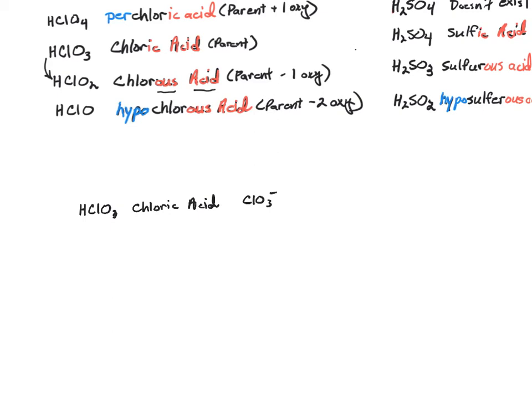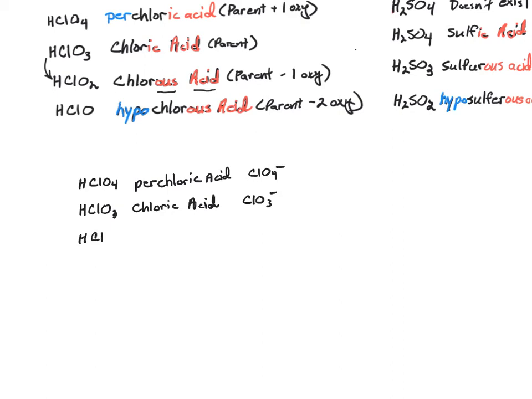Now, again, we know that there's other versions of chloric acid. There's perchloric acid, and its anion would be ClO4 minus.